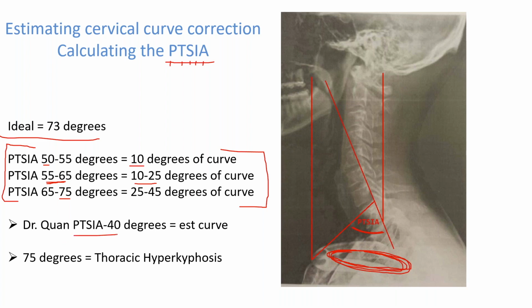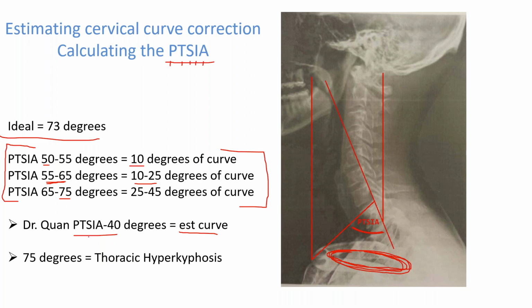And then Dr. Kwan mentioned his formula, which works fantastic, by the way, which was the pizza angle minus 40 degrees is approximately the curve that you can expect. So if we look at 50 here, minus 40 gives you 10 degrees. It works. 65 minus 40 degrees gives us 25 degrees of curve, and so on and so forth.